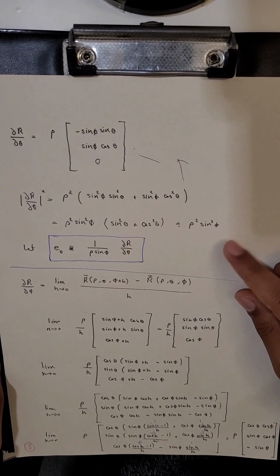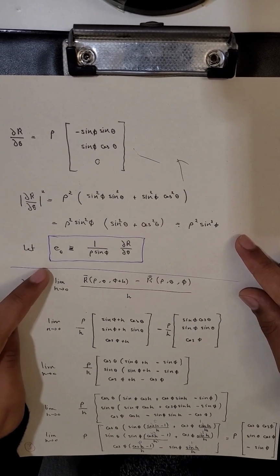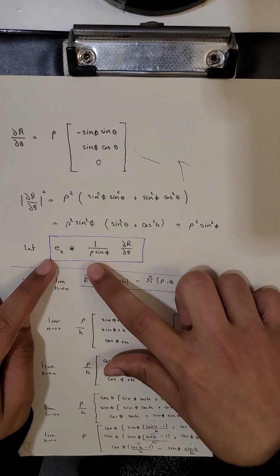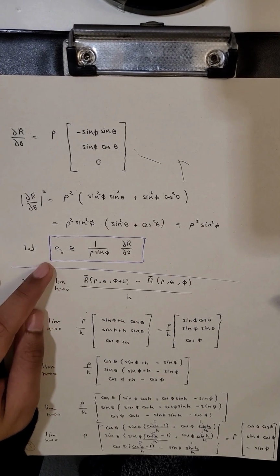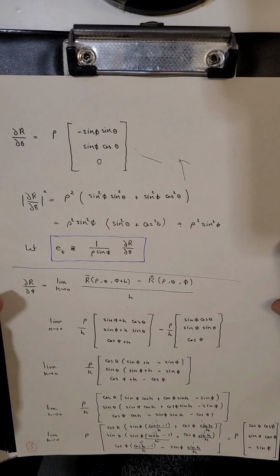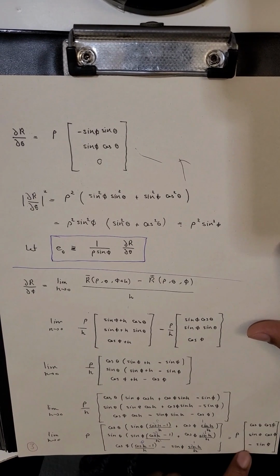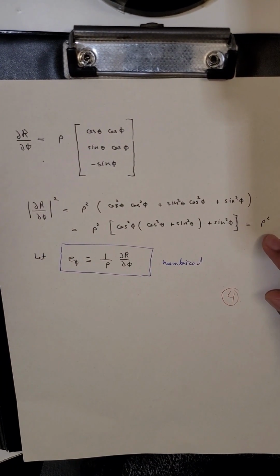We want our basis vectors to be normalized. So we define the basis vector in the direction of theta as this partial derivative divided by rho sine phi, because we want it to be normalized. And we do the same thing for the phi direction. You can go through the whole thing yourself, and you get to this right here, and you check for its norm, and the norm turns out to be rho.